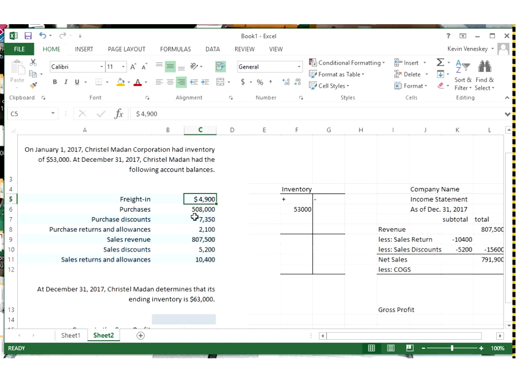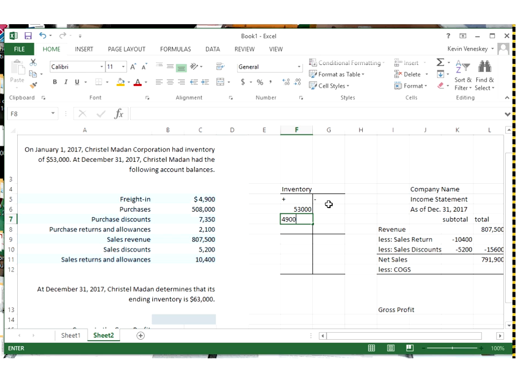Any costs that get added to our asset purchase, in this case inventory, we go ahead and add them in right away. Here they went ahead and kept them separate to see if you know that you should be adding them in. So freight in, to get inventory, we had to pay some shipping, and we had to pay a total of $4,900.